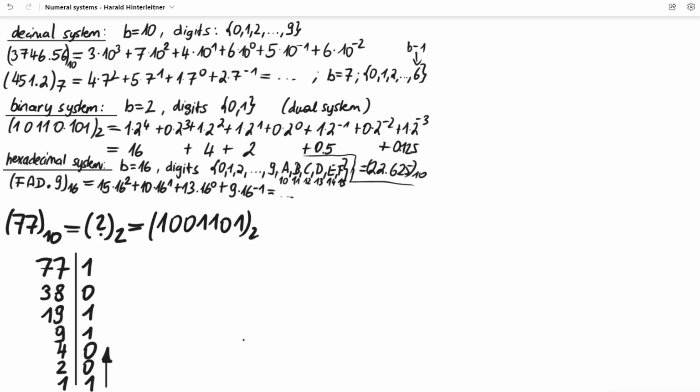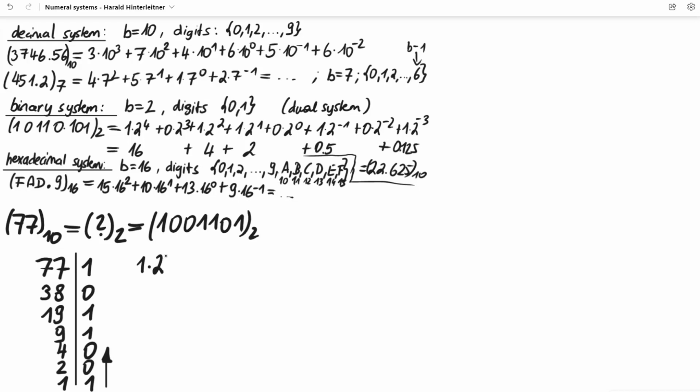The question is, why is this the case? And in order to understand this, you represent this number 77 using powers of 2. So you can use this binary number and represent it in the decimal system. So we actually do what we had done at the beginning.